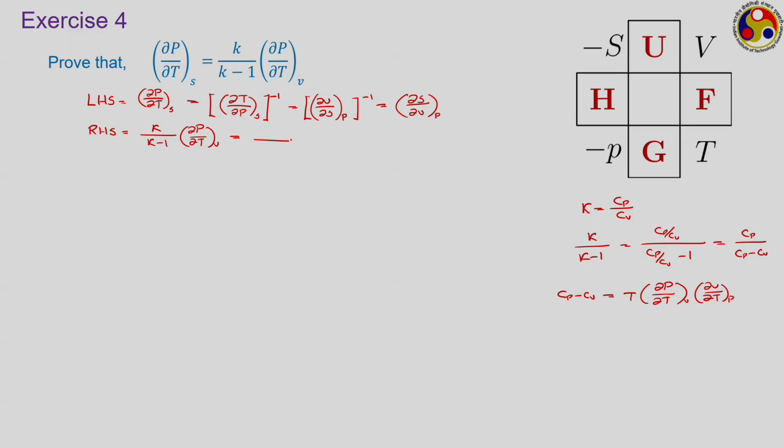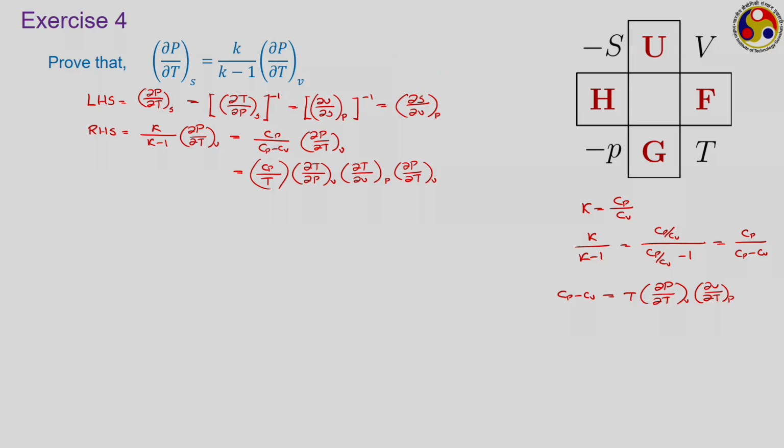So, k by k minus 1 becomes Cp upon Cp minus Cv into ∂P/∂T at constant V, or replacing Cp minus Cv now using the relation we have, Cp upon T remaining in the denominator into we have ∂T/∂P using the reciprocity into ∂T/∂V at P using ∂P/∂T at V.